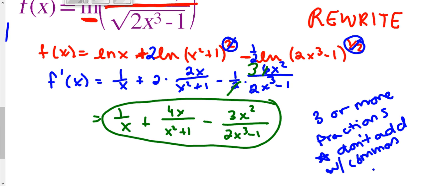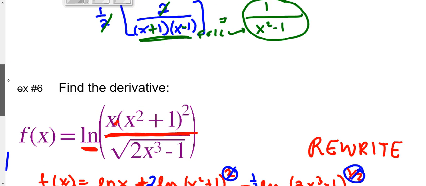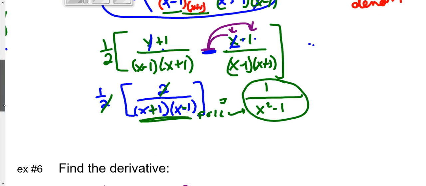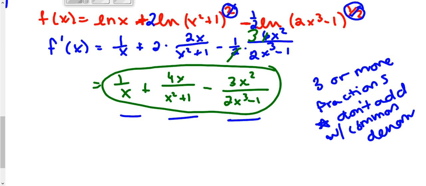Even on multiple choice, you're not going to see them combine those. It's just too much work, really, to get a common denominator with so much. So since this has 1, 2, 3 fractions, just leave it. If you ever just have 2, so this had 2 fractions when we took the derivative, then you're going to get a common denominator to combine them. But if you have 3 or more, you're going to leave it.